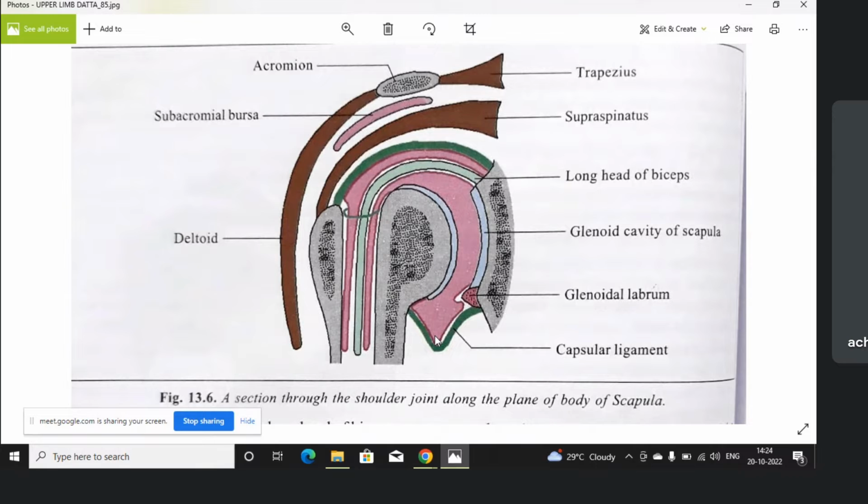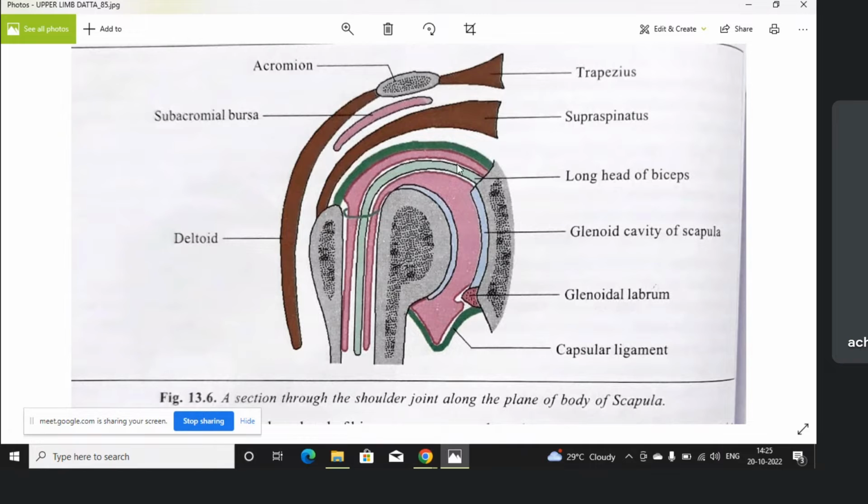Whenever the cartilaginous rim is attached to the peripheral margin of the glenoid cavity, we call it the glenoidal labrum. In section, it looks like a triangular shaped labrum, so it gives more space to the joint.